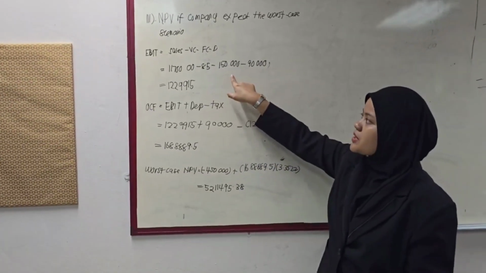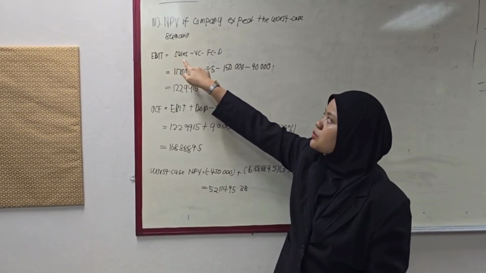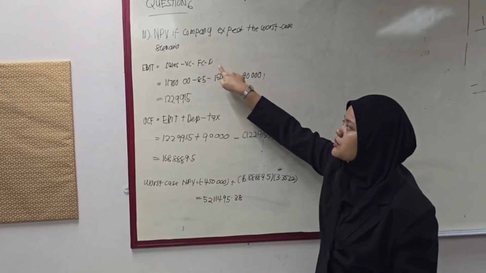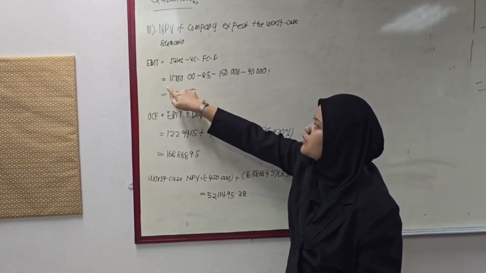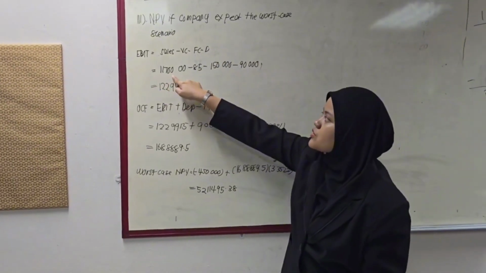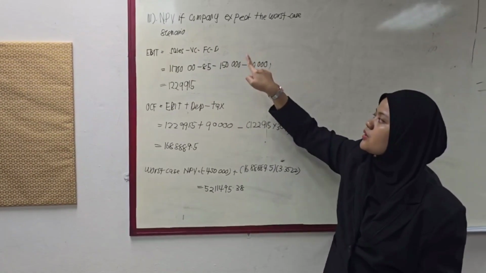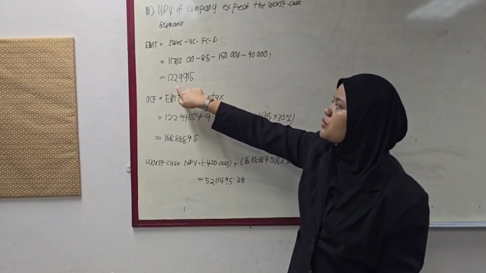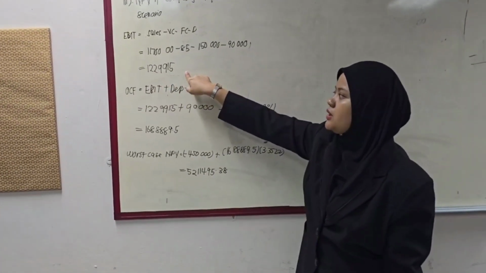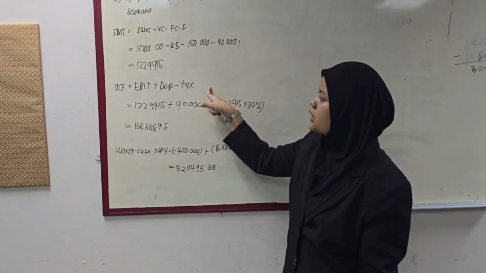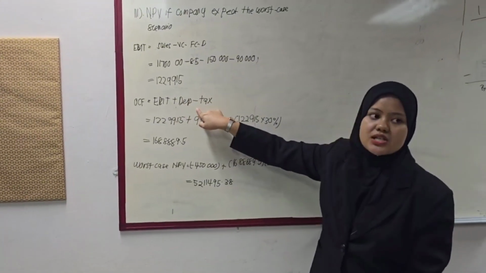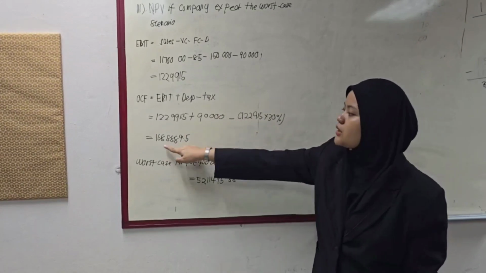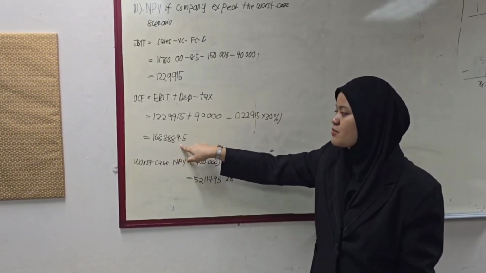So macam biasa kita cari EBIT, guna rumus sale, tolak variable cost, tolak fixed cost, tolak depreciation, masukkan dalam rumus 11700000 tolak 85 tolak 150,000 tolak 90,000, kita dapat 1229915. Untuk OCF kita gunakan nilai EBIT, kita tambah dengan depreciation dan tolak dengan tax. Jadi masukkan dalam rumus, kita dapat 1688895.